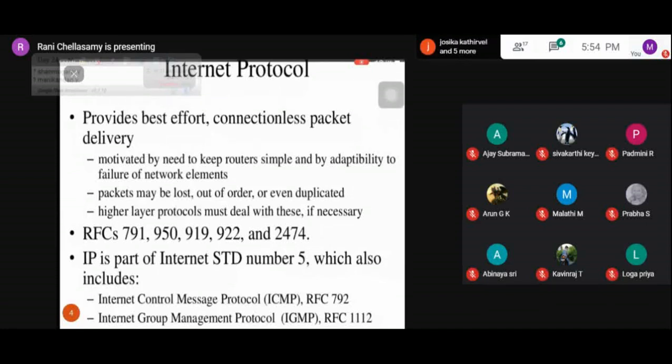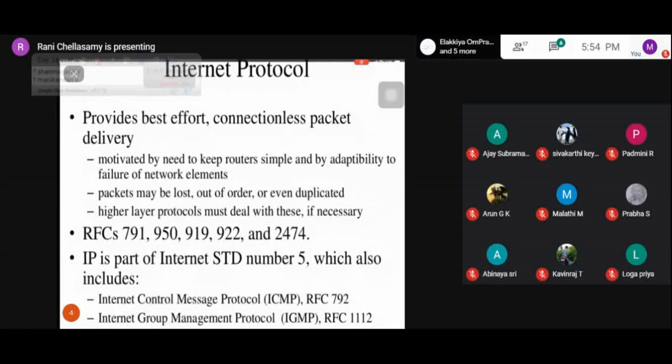As in the earlier classes, we have seen TCP and UDP as transport layer protocols. Likewise, IP, ICMP and IGMP are called network layer protocols.